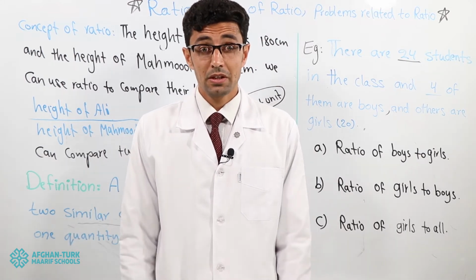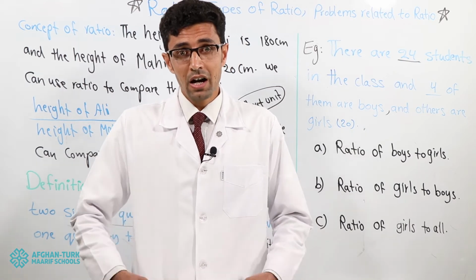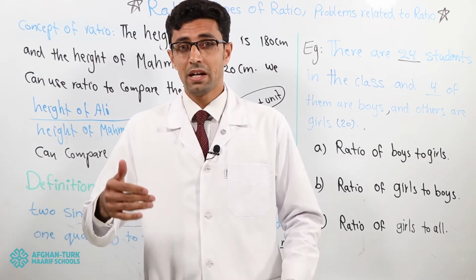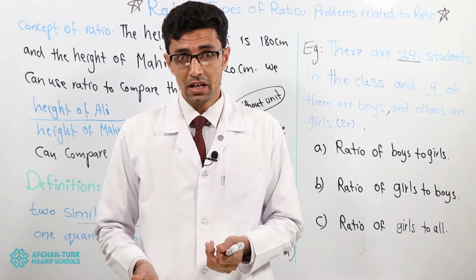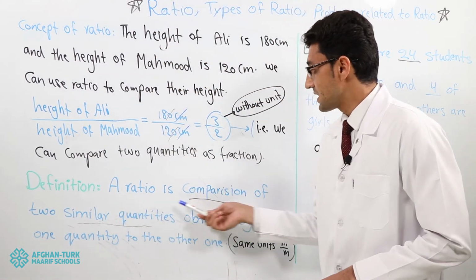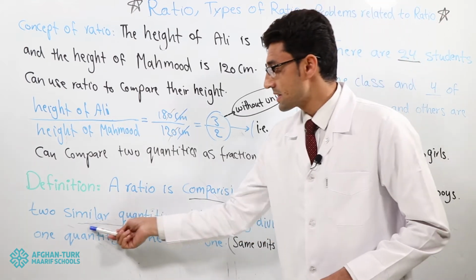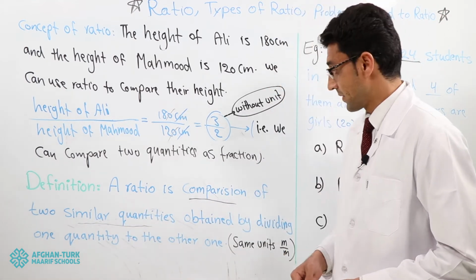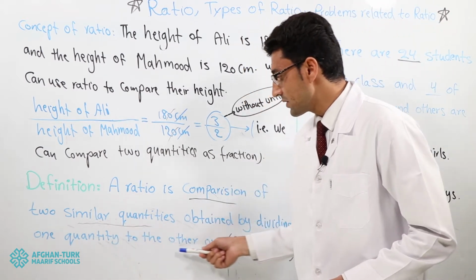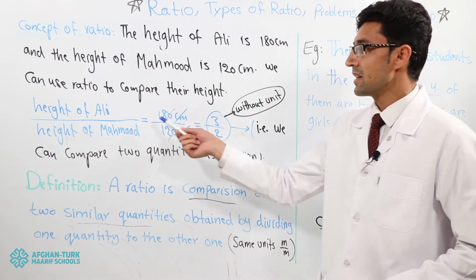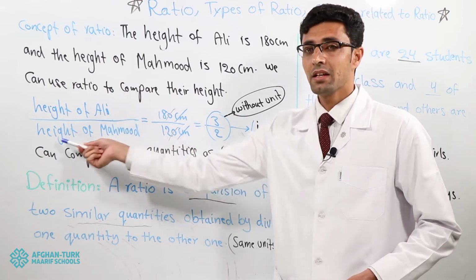No. Similar quantities: height with height, weight with weight, number of chairs with number of chairs. A ratio is a comparison of two similar quantities obtained by dividing one quantity by the other one.